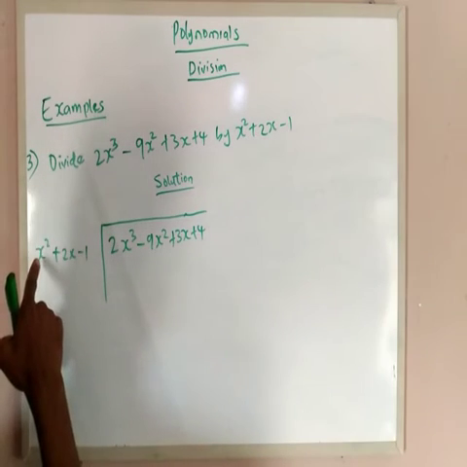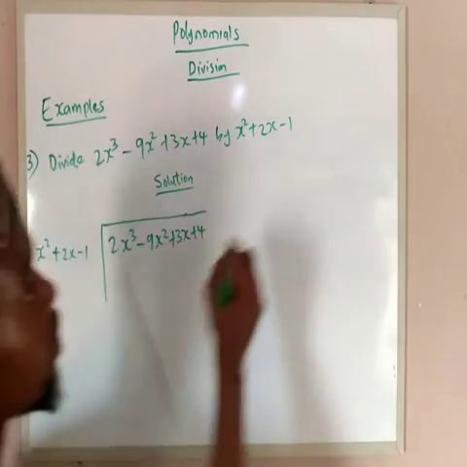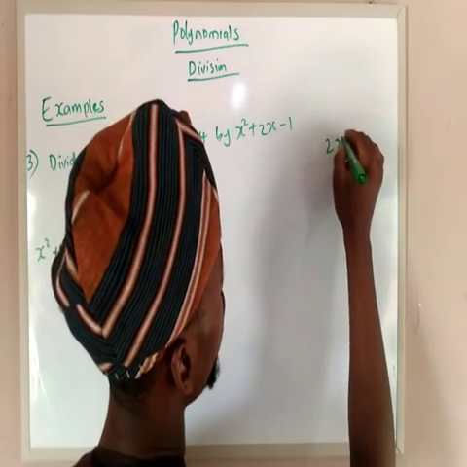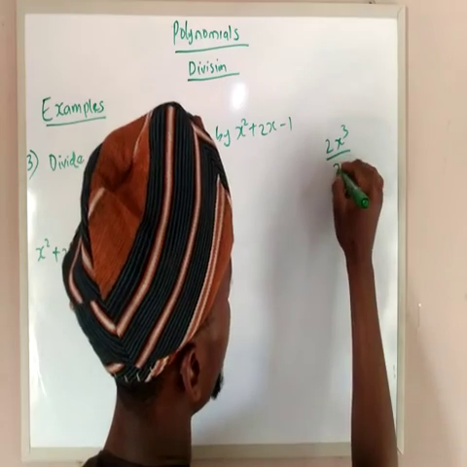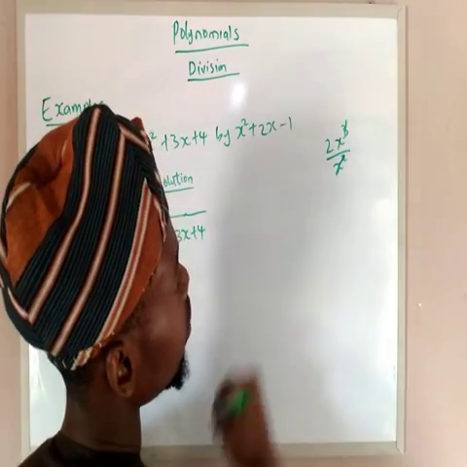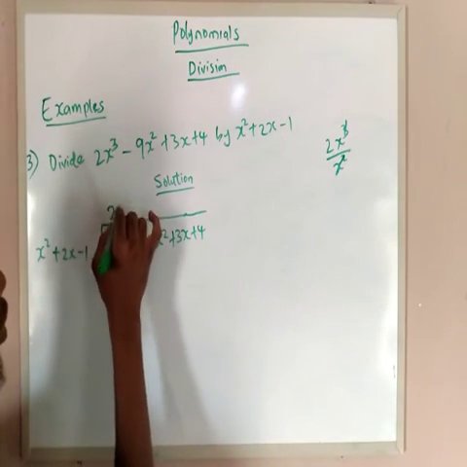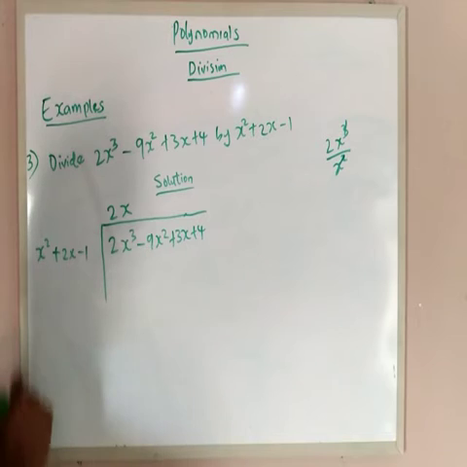Now, 2x cubed divided by x squared. 2x raised to power 3 divided by x raised to power 2, we cancel the x squared here and we are left with 2x. So our answer will be 2x.